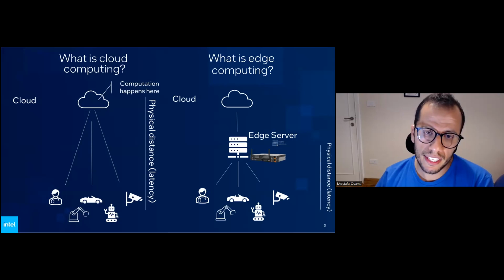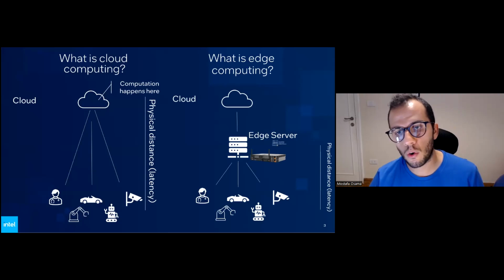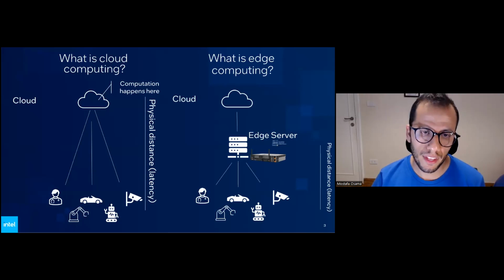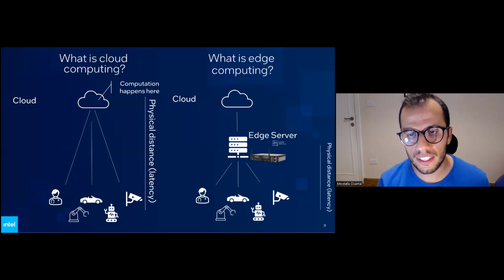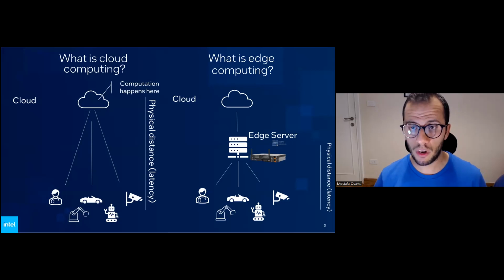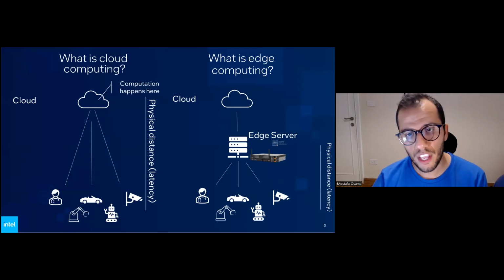Edge computing is computing or processing that's done at or near the source of the data. When I say computing, I mean the processing unit itself, for example a CPU, or any chip that helps me do the processing.